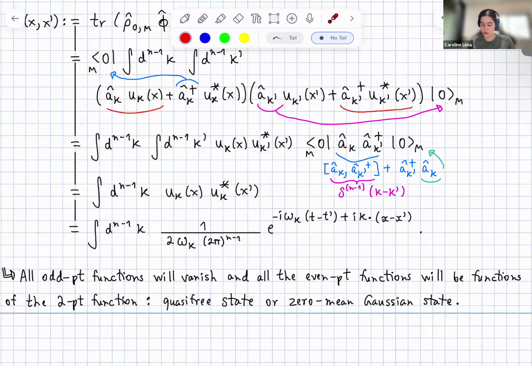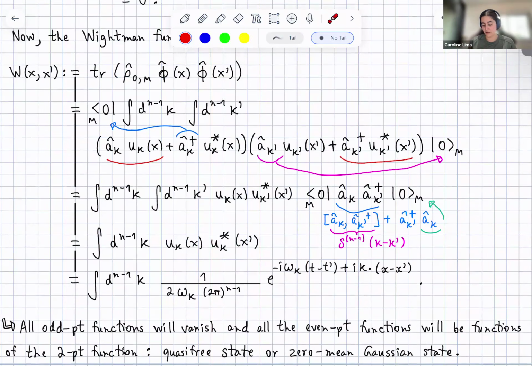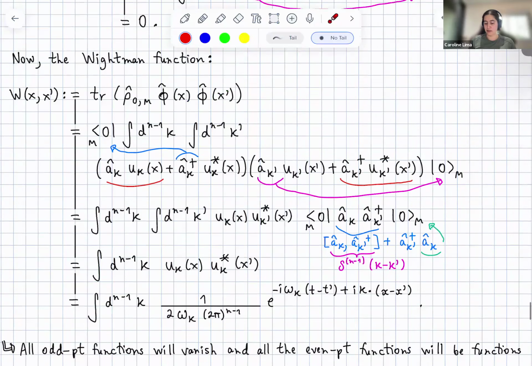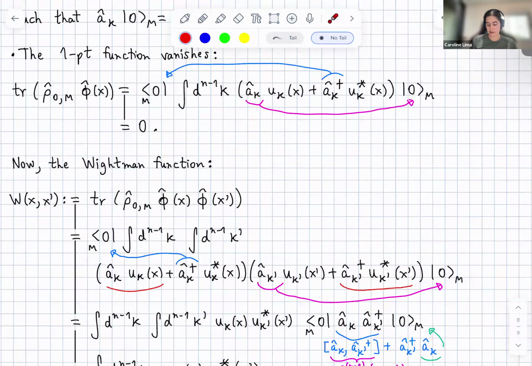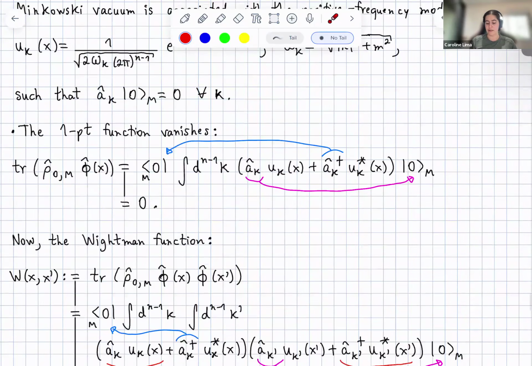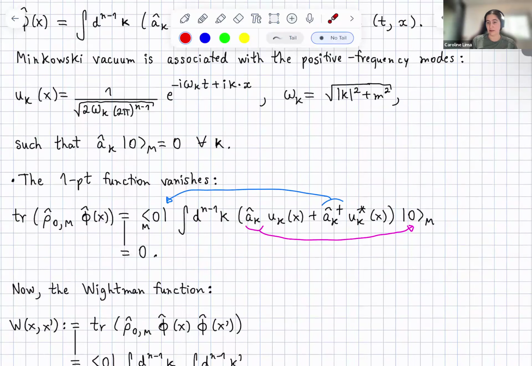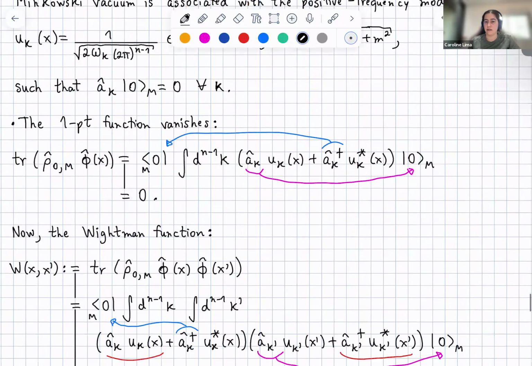So we're just acting with creation and annihilation operators on the Minkowski vacuum and seeing what we get. We use both. I just define one of them because the other is automatically defined based on that. It's just taking the complex conjugate of that one. Okay.